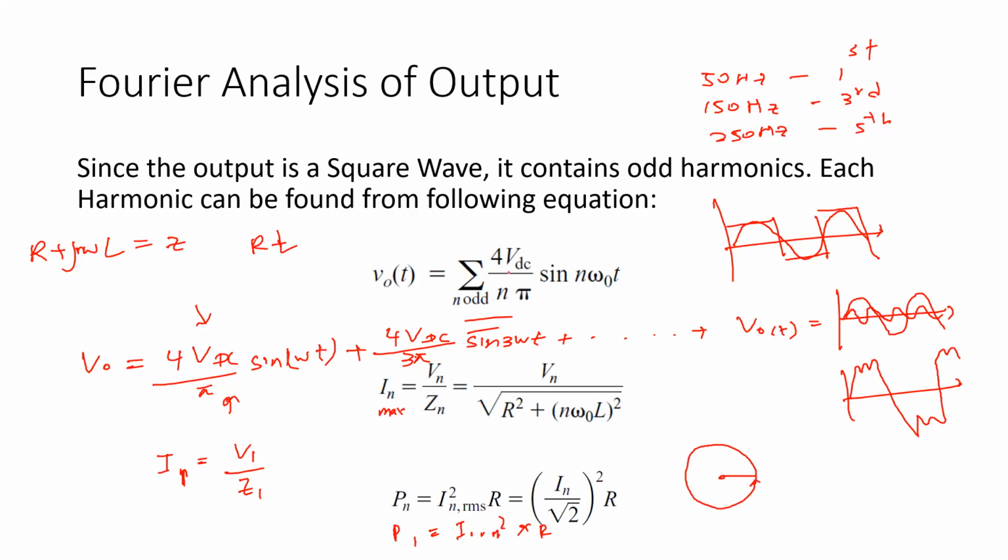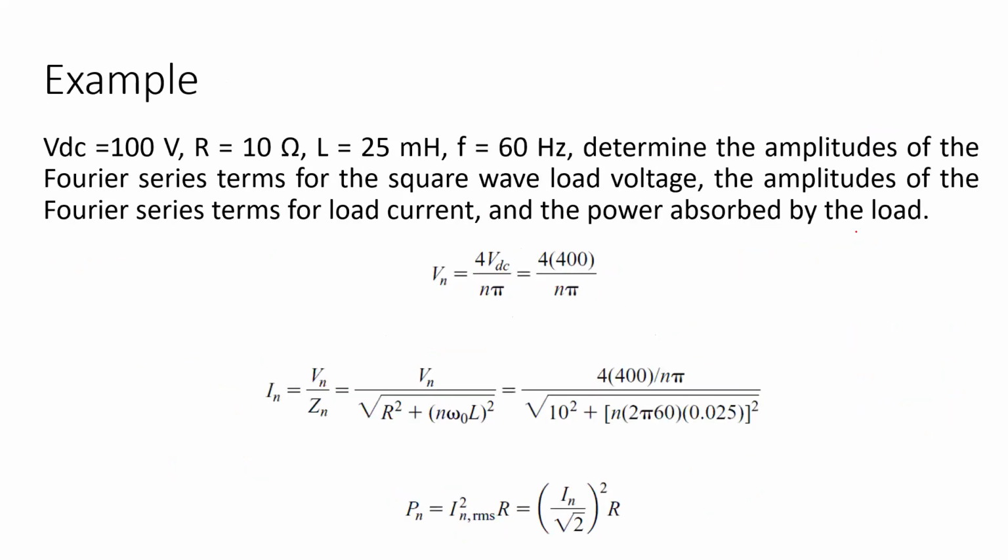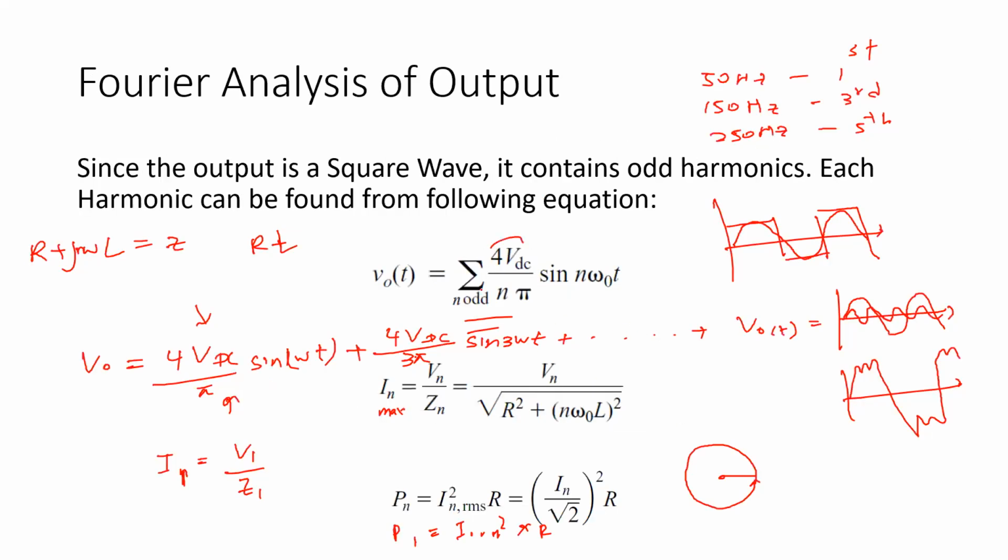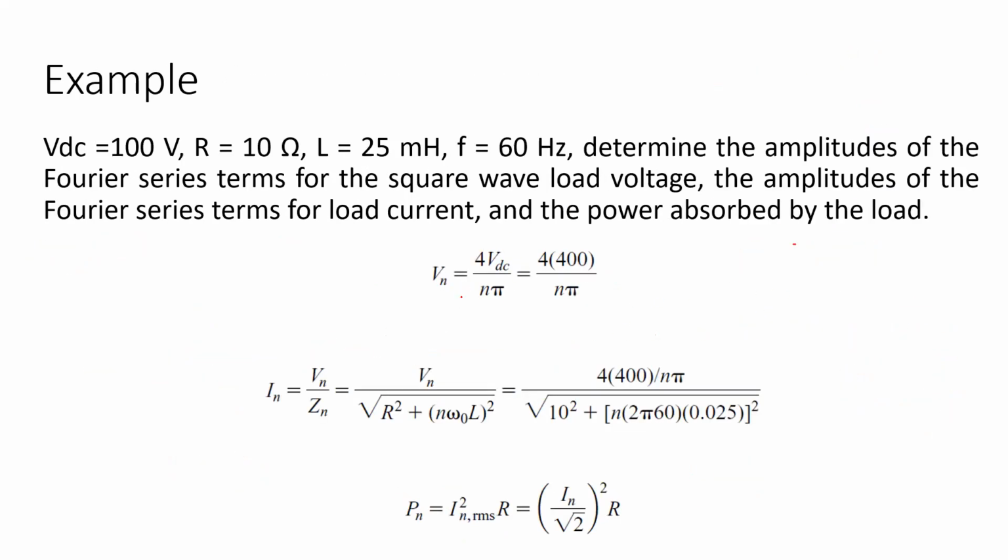That is what this sine omega t is there for. But we are only asked about amplitude, so we are going to find this component only. So in here we have Vn. We are asked to find all the Fourier series terms, but we are not going to find all because it will go to infinity. We are going to find a few.